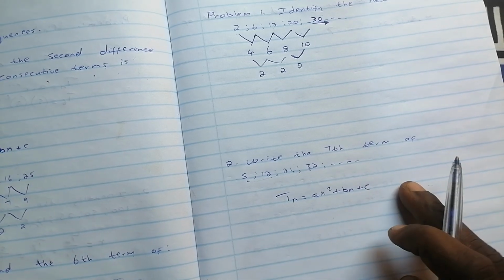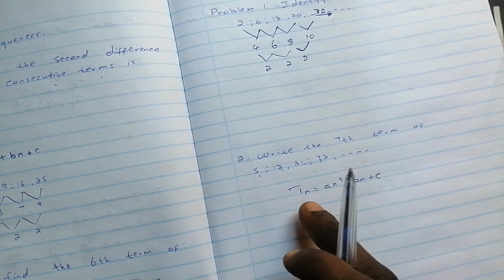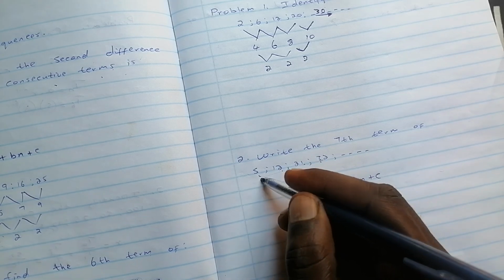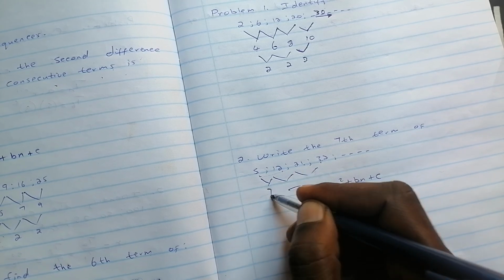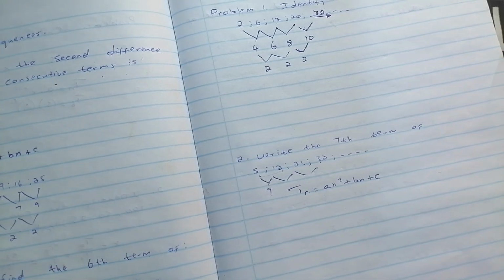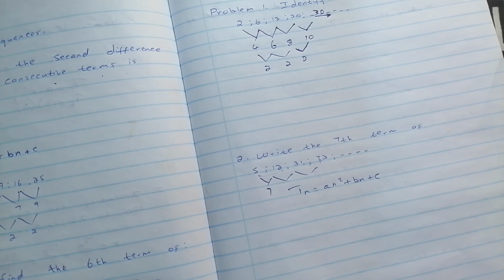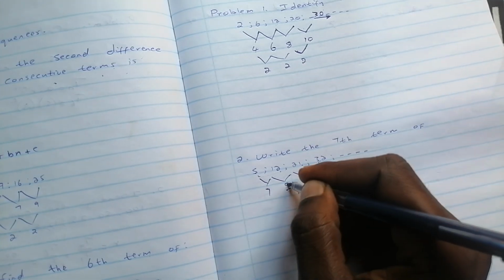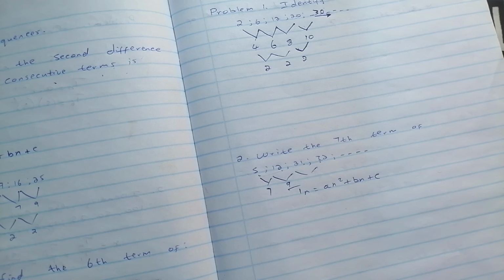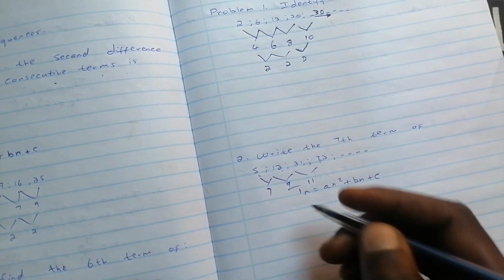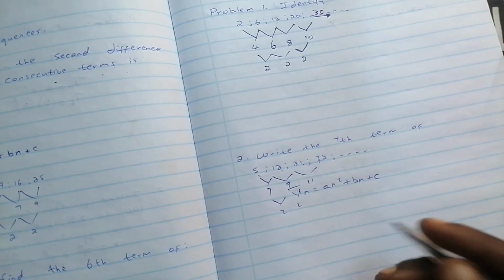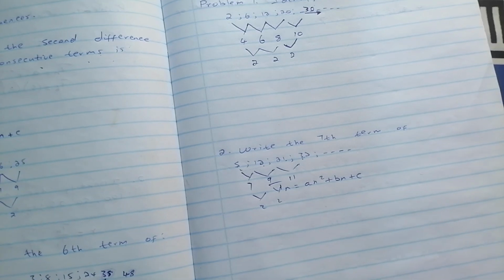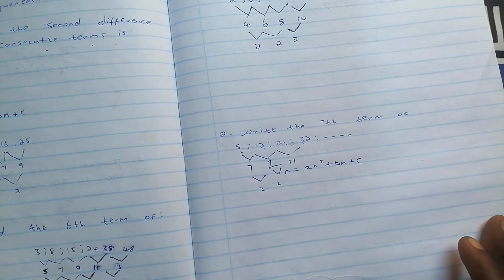It's supposed to be like this. Okay, so now the first difference is 7, 9, 11. Okay, and then the second difference is 2, 2. Okay, so you're going to use this method. Please follow me, please.